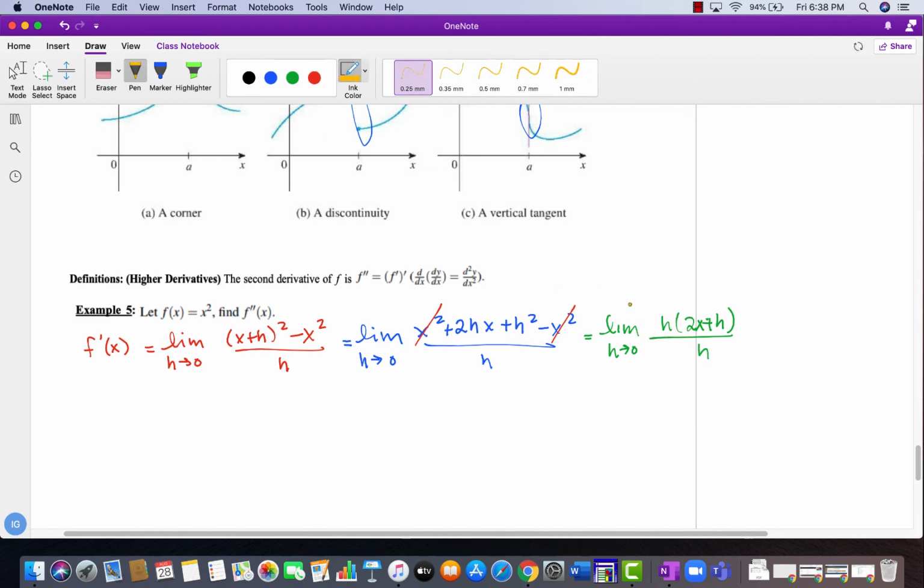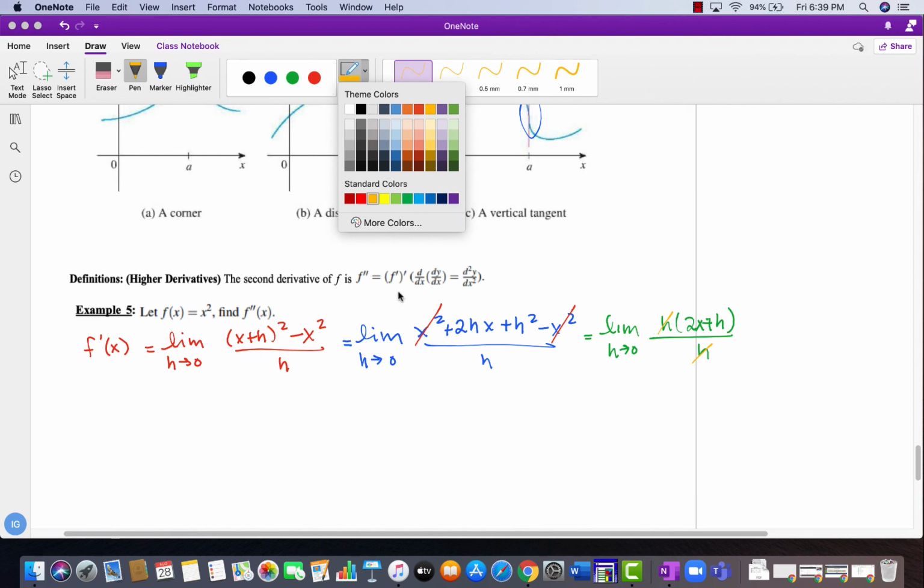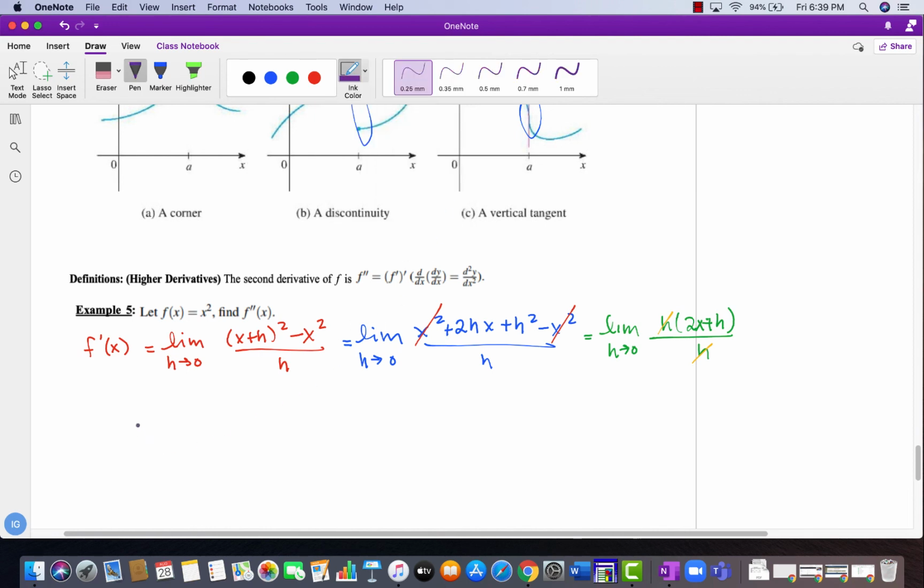And notice here, this is going to cancel out. So I'm going to be left with the limit as h approaches 0 of 2x plus h. But we have to remember that since we're taking the limit, h goes to 0. So basically, my answer is going to be just 2x.